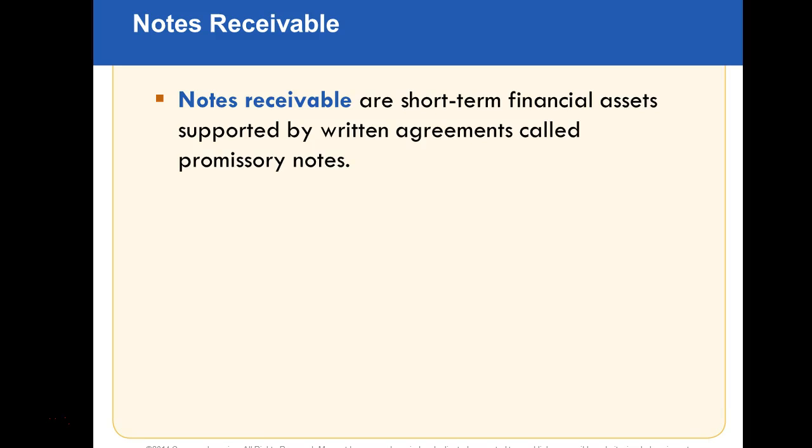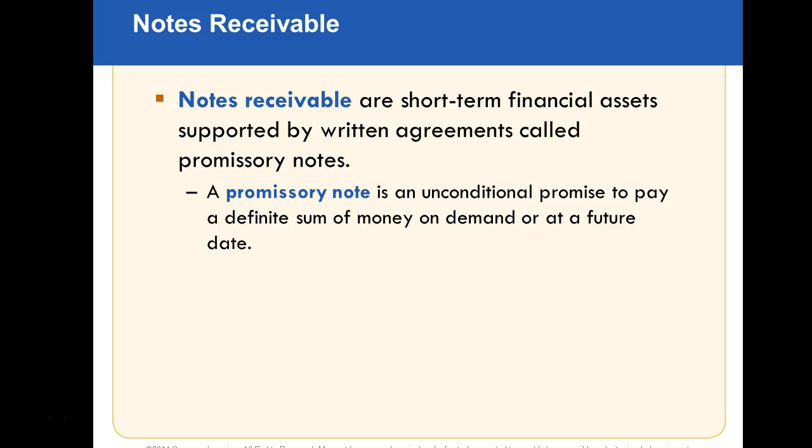And these notes receivable are still short-term assets, but there's a promissory note attached that spells out the interest rate and the timing of when this note is going to come due. It's generally a little longer than accounts receivable, but it is held by a promissory note or a loan agreement.